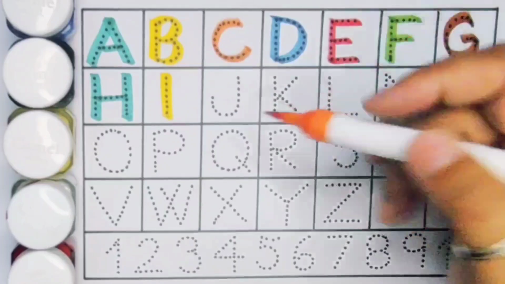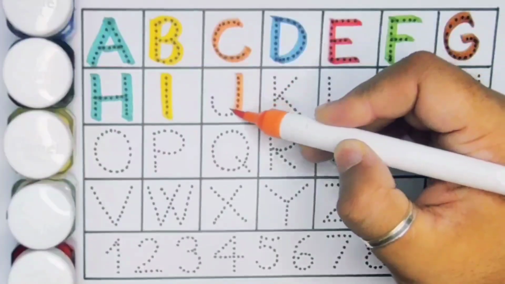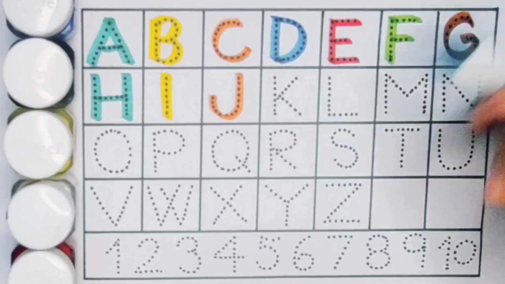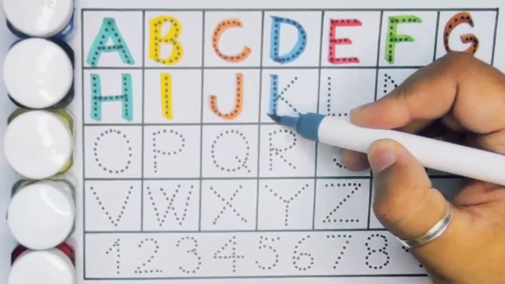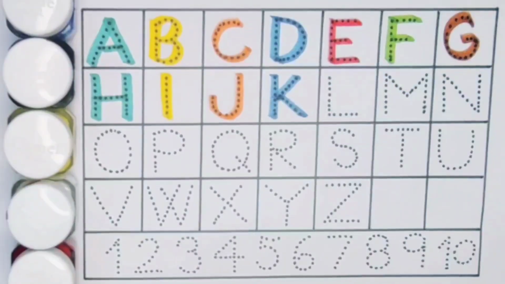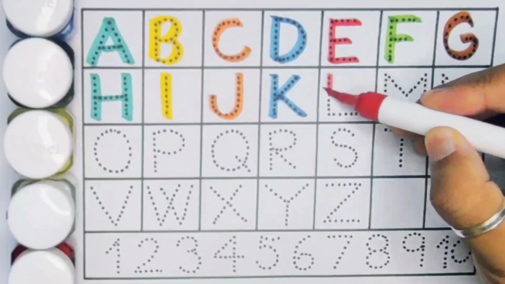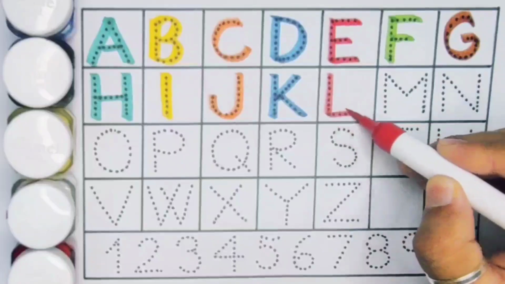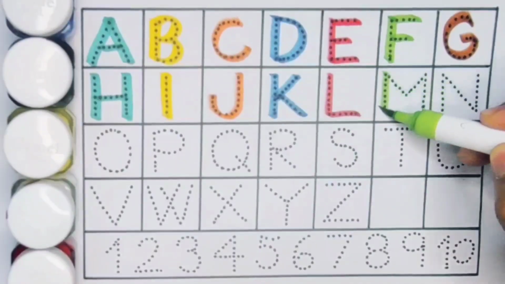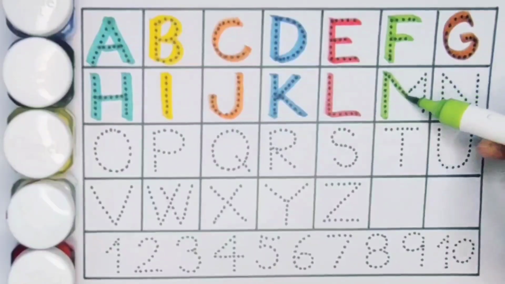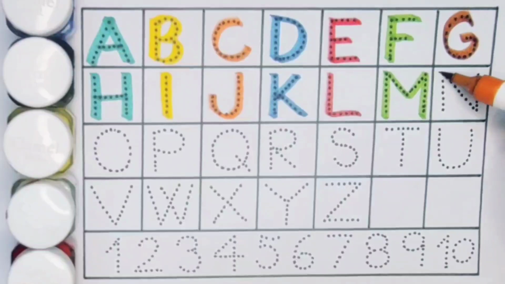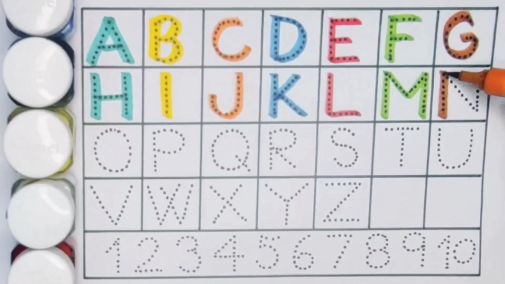Next, J for jellyfish. Next kids, K for kite. Next, L for lion. Next kids, M for moon. Next kids, N for nuts.